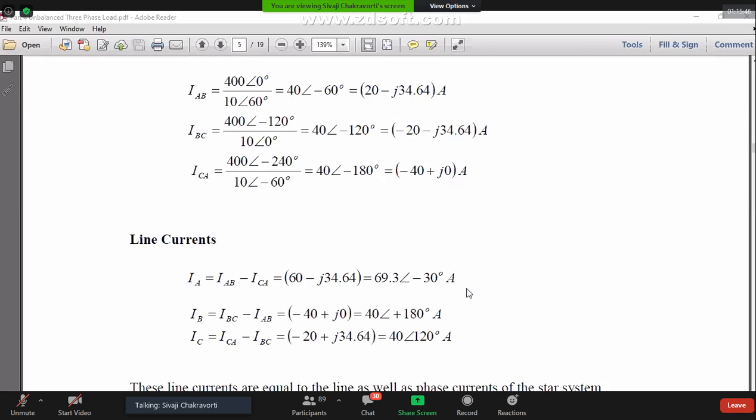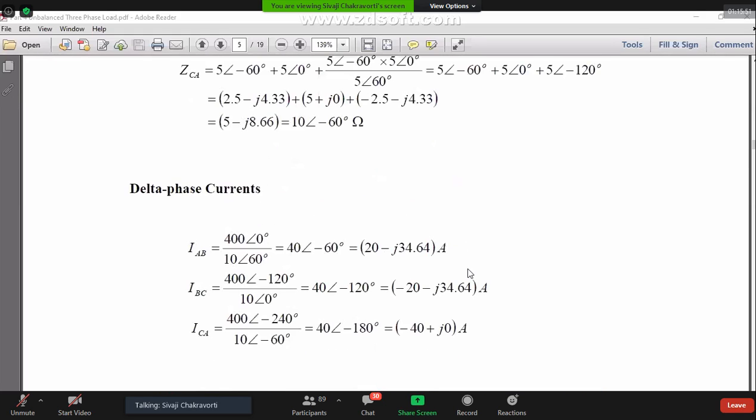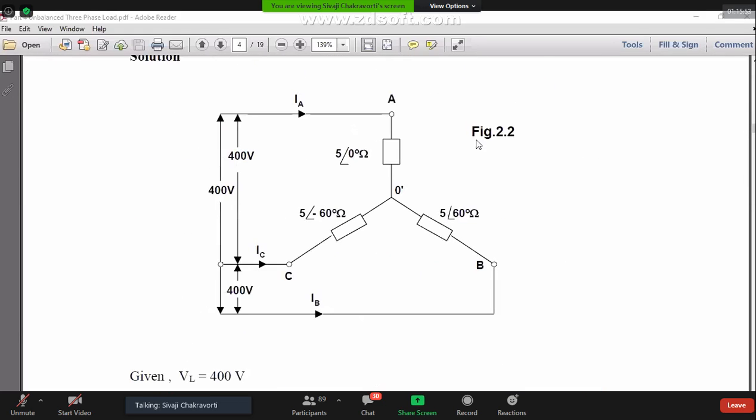So therefore, what I write here is, I write the three line voltages with the phase sequence ABC. And then I convert this star to delta. You know the star delta conversion formula, probably you have already been told. So apply that formula.